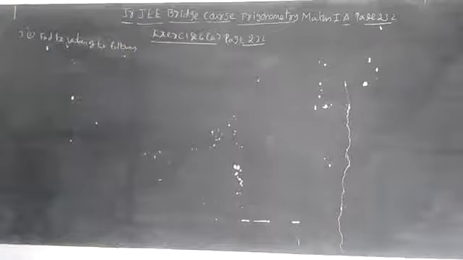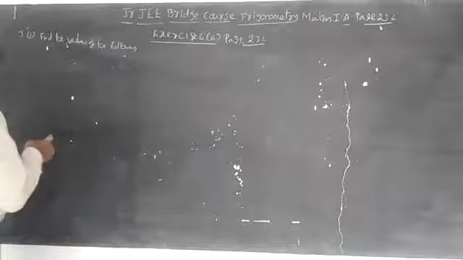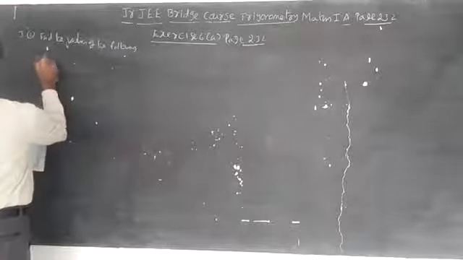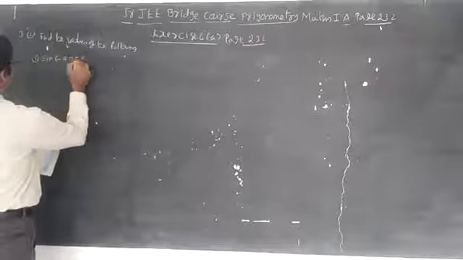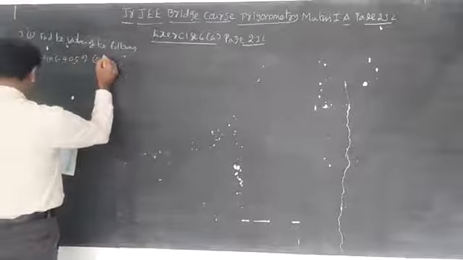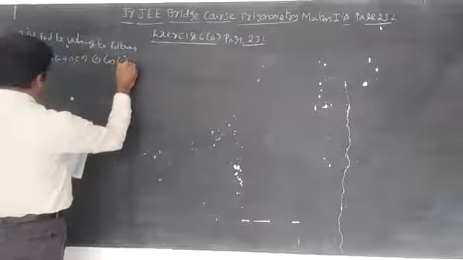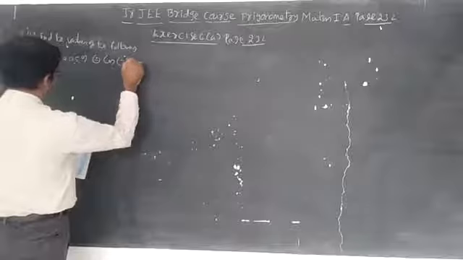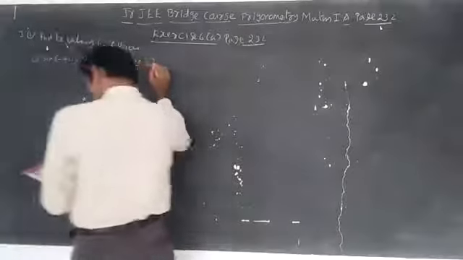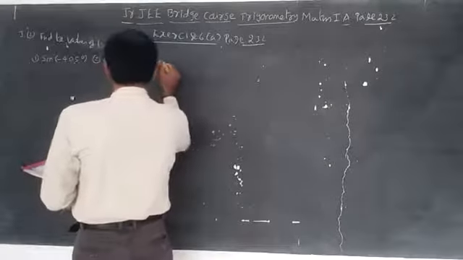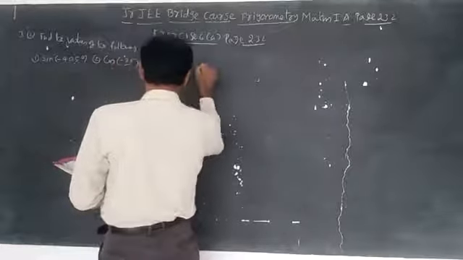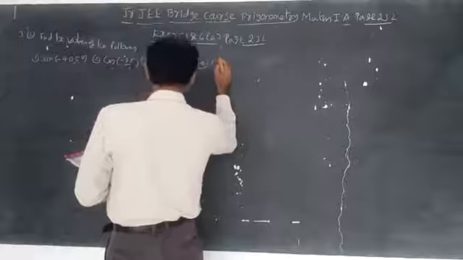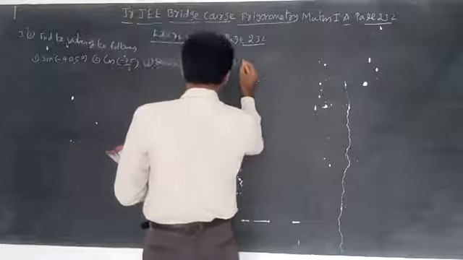First one, sine of minus 405 degrees. Second one, cos of minus 7 pi by 2, it is radians. Third one, secant of 2100 degrees. Fourth one, cot of minus 315 degrees.